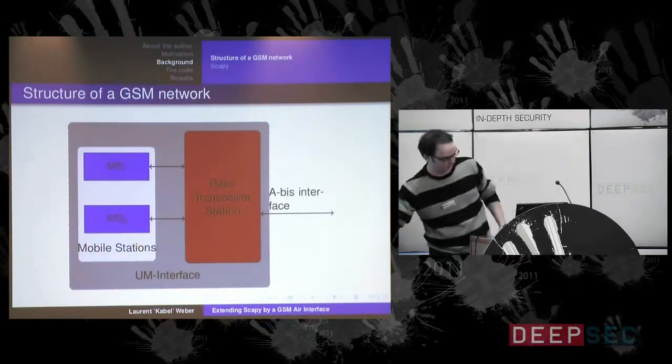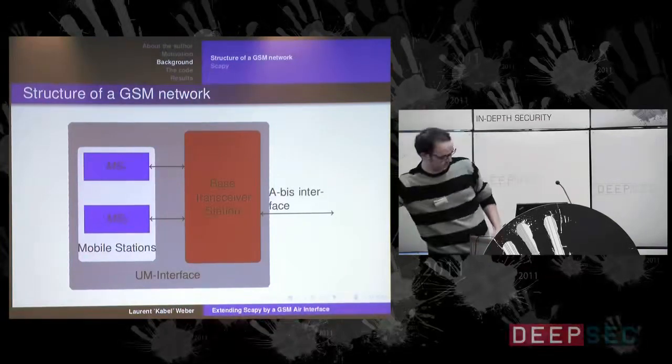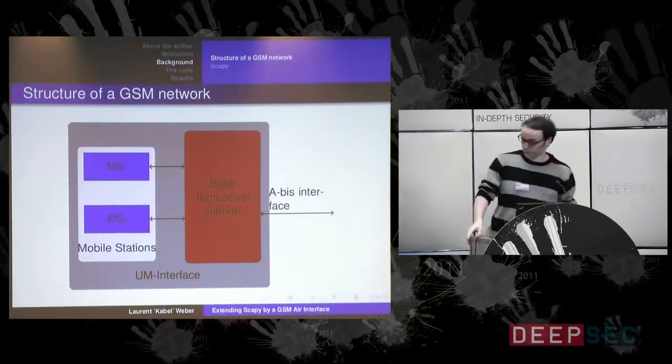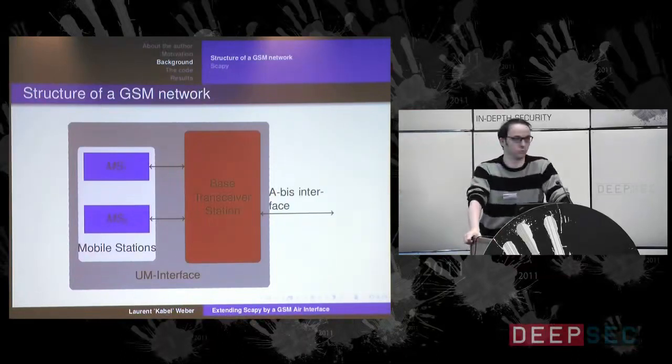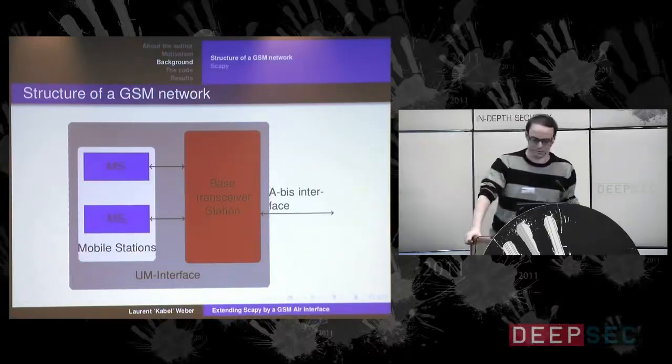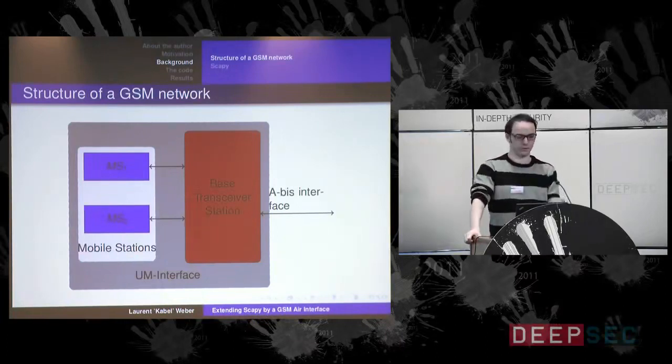In our case, it will be this phone here and the one here. And the base transceiver station will be played by my USRP. In reality, that would be the antenna of an operator. The stuff with the A-bis interface you can already forget. That's not interesting for what I'm going to present.